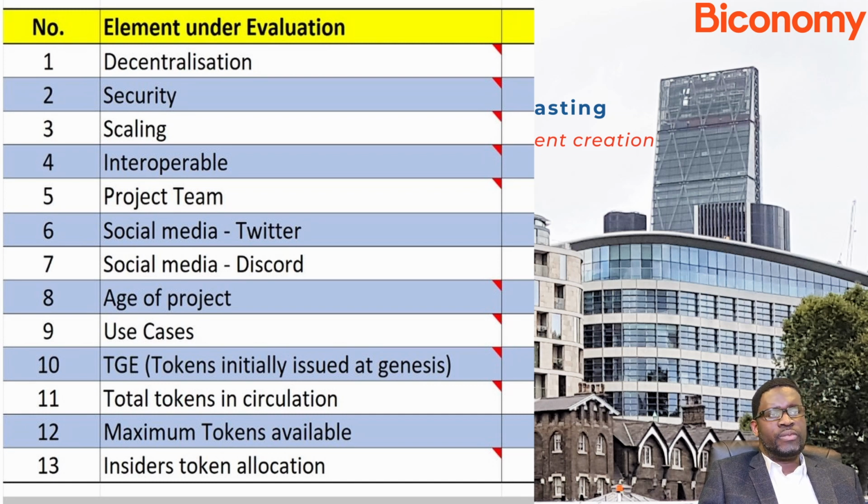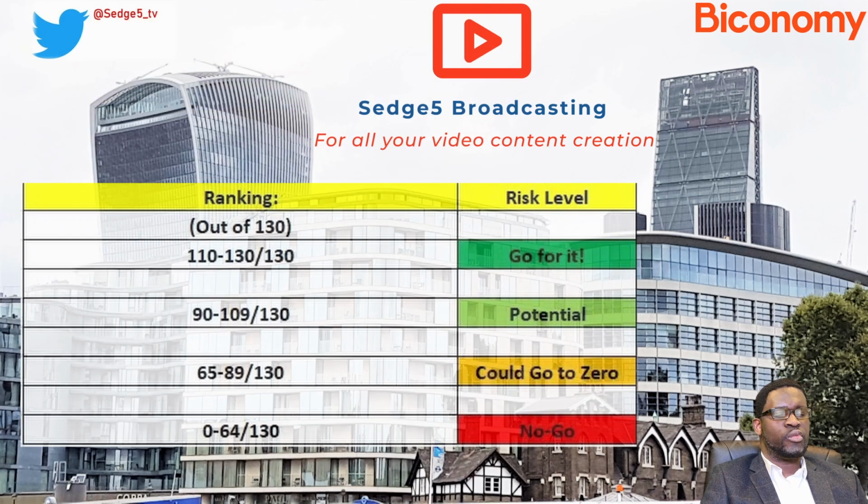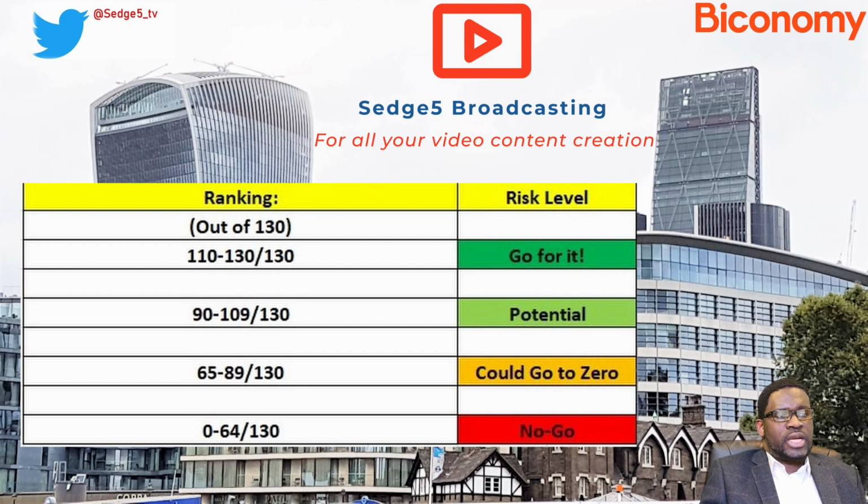So we will score them from 0 to 10, 0 being the minimum or lowest, and 10 being the best or the maximum you can give an element. Once we've scored all the 13 elements, we aggregate the score, and it is that aggregate score that we classify under the following risk categories. Starting from the best case scenario where the risk is at a minimum, we call that the go for it category, and the project would have scored 110 to 130 points out of 130.